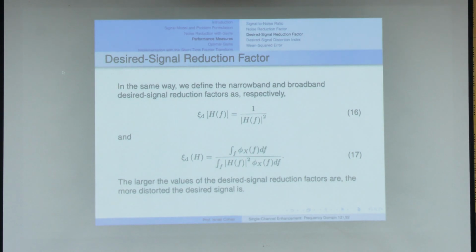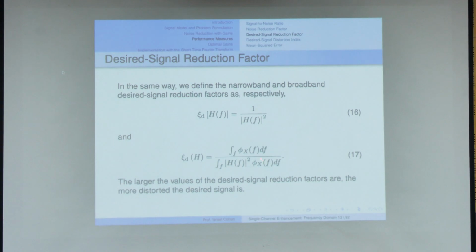Desired signal reduction factor, this is the narrowband, is the variance of x divided by the variance of filter desired. So it's similar to the noise reduction factor, the narrowband, because it's just the ratio, because we use a scalar gain. But the broadband is different, because we take the total variance of the input desired signal divided by the total variance of the desired signal at the output.